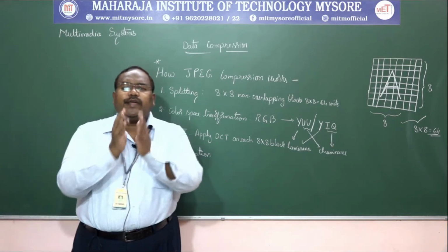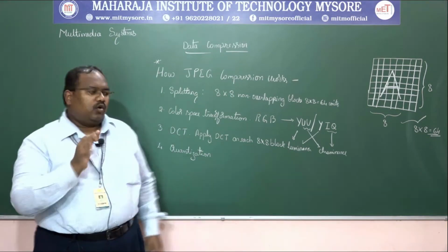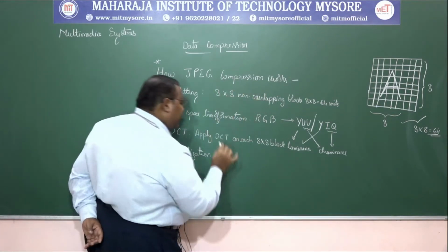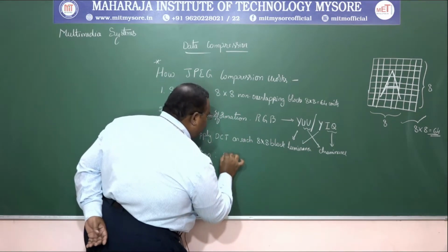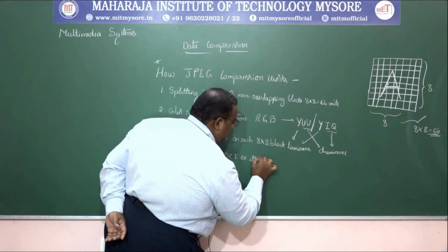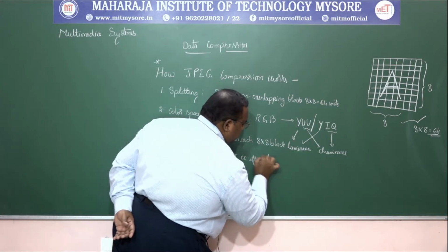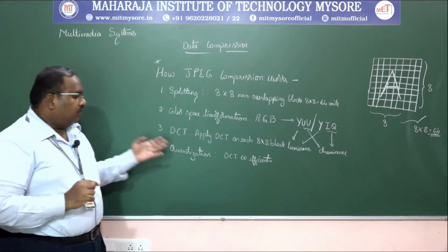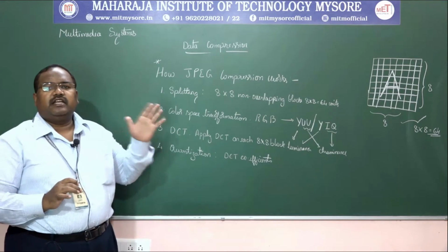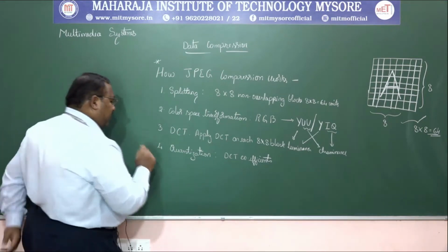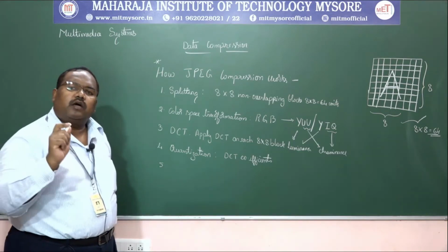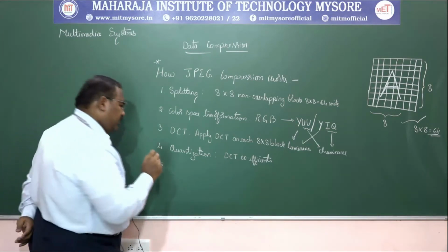Here we quantize the DCT coefficients, because we applied the DCT and what we get are the DCT coefficients. So in stage 4 we quantize the DCT coefficients. Next is the fifth stage. The fifth stage is a very interesting one. Why it is interesting is that here we do an activity called serialization.